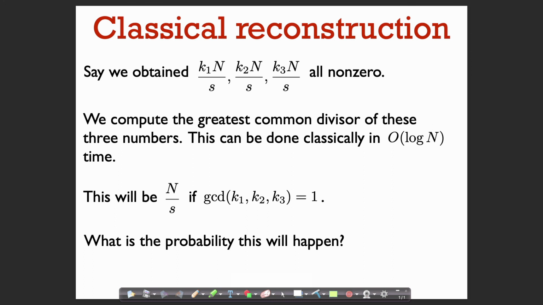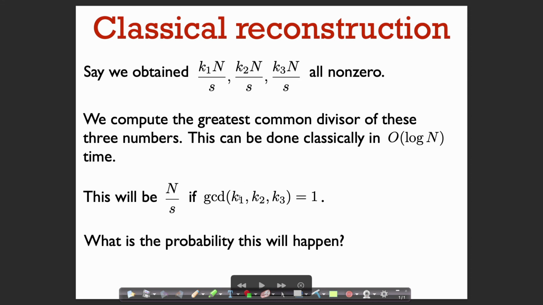And now what we're going to do is compute the greatest common divisor of all these 3 numbers, right? So you see that N divided by S is a divisor of all these 3 numbers.